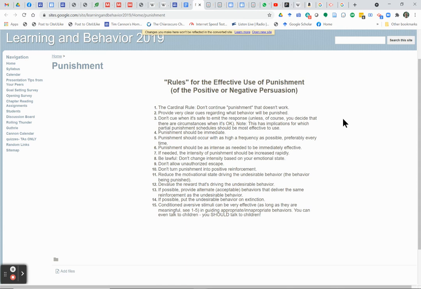Our criminal justice system has not proven itself to be overly effective at suppressing criminal activity. And in part, it's because these are very difficult to do, which means that Skinner was largely right to use positive reinforcement.